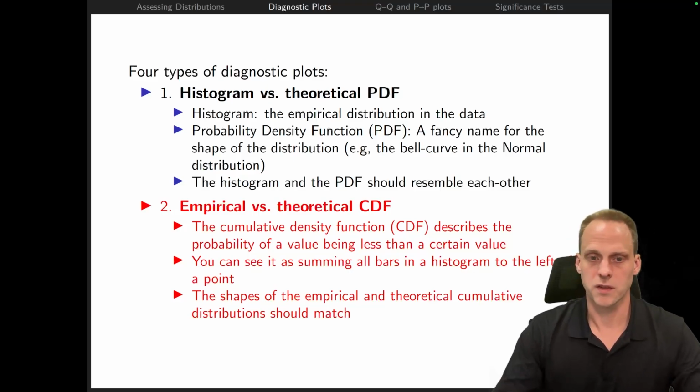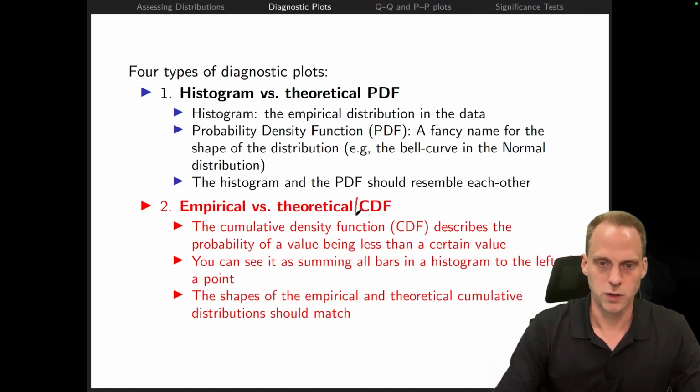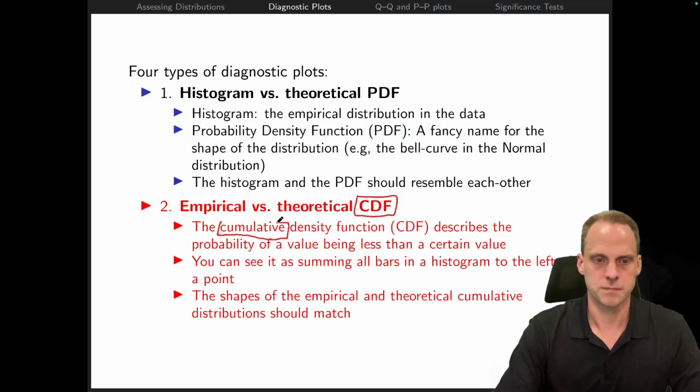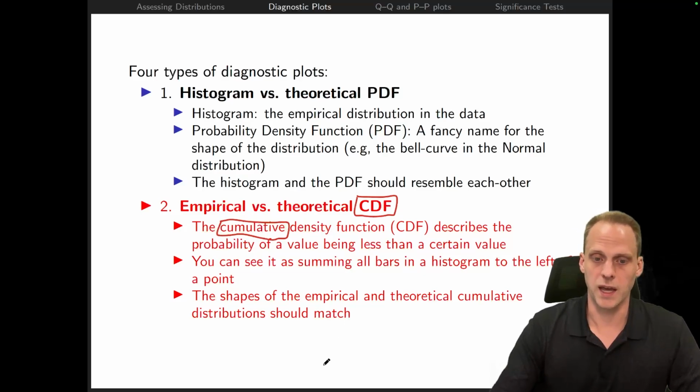A second thing that we can do is we can compare the empirical and theoretical cumulative density function. Cumulative means that we describe the probability of a value being less than a certain value. Basically adding everything up until some value.